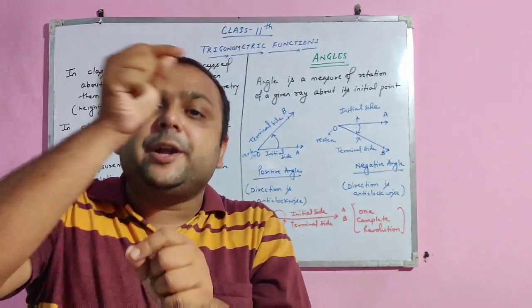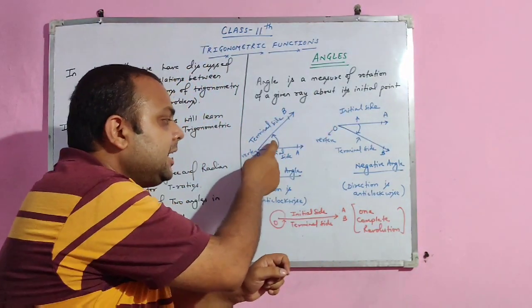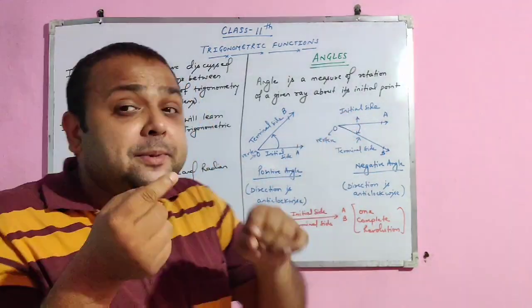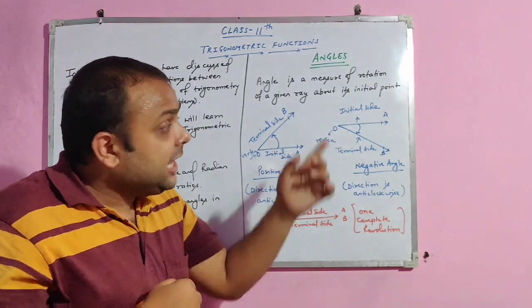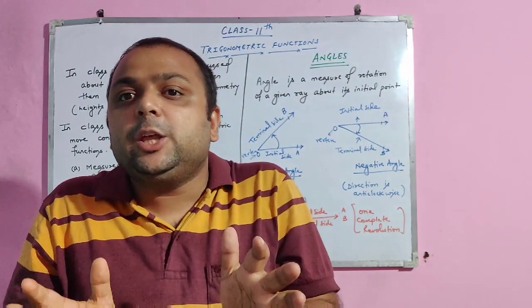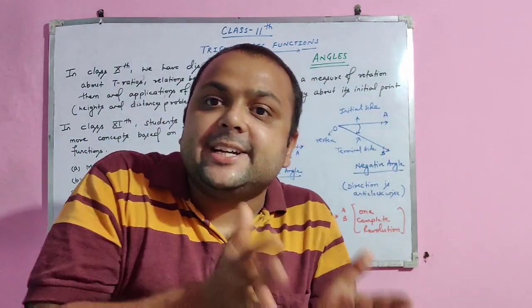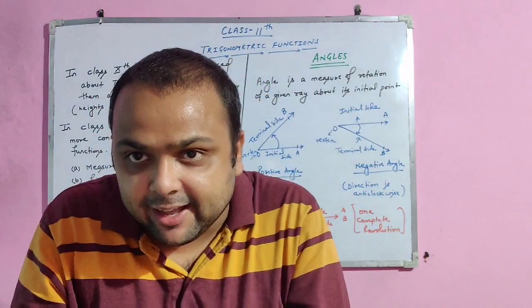If the arc between them is measured anti-clockwise, it is called a positive angle. If it is measured clockwise, then it is a negative angle. I am again telling you, if we measure the arc anti-clockwise, it is a positive angle. If it is clockwise, it is a negative angle.